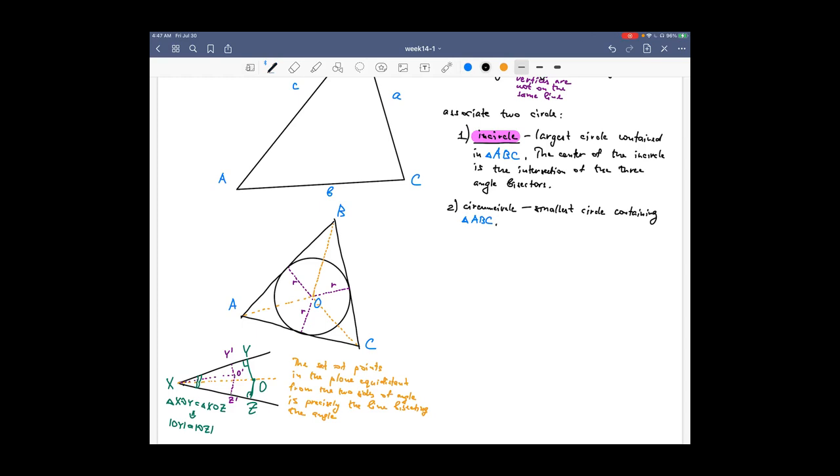As we will explain, the center of the circumcircle is the intersection of the three bisecting perpendiculars.